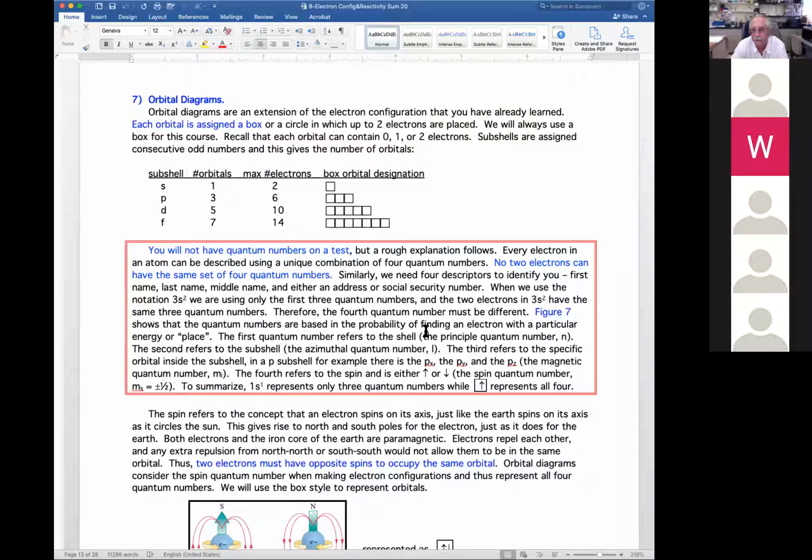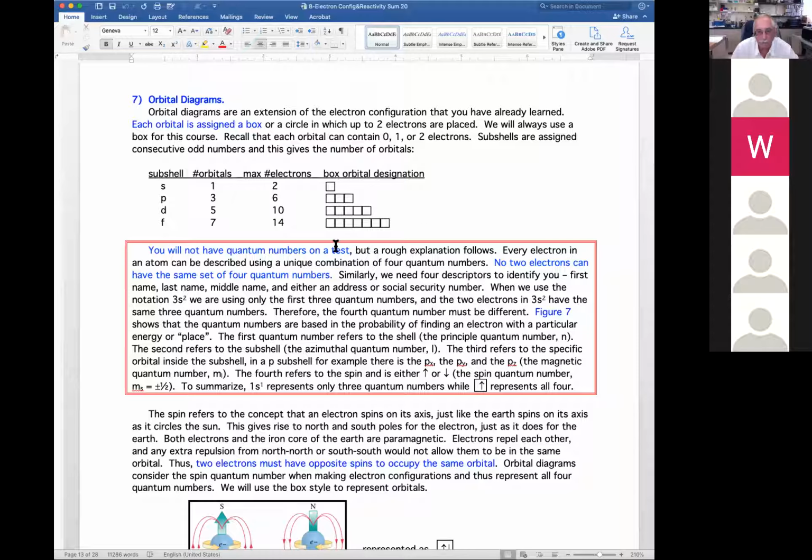And then how many electrons are there? That really is the third one, but the fourth one is which orbital is it in? And if that's the case, what does it spin? So the spin quantum number is the fourth quantum number. And that's why we need the boxes.